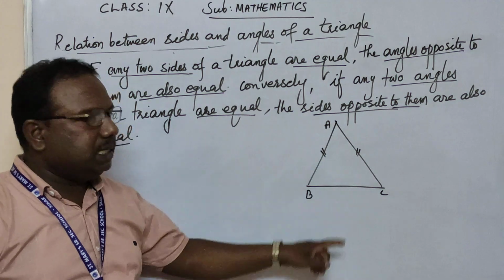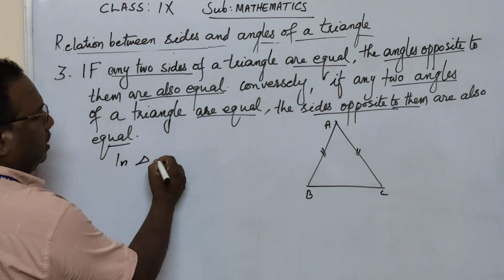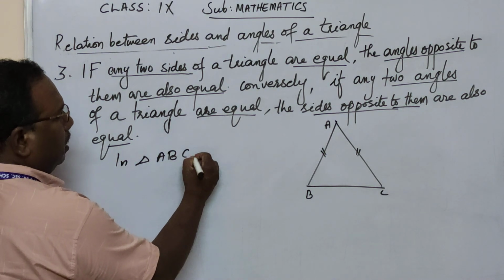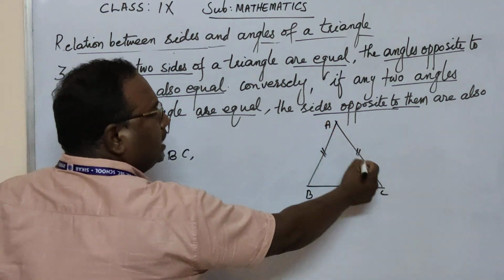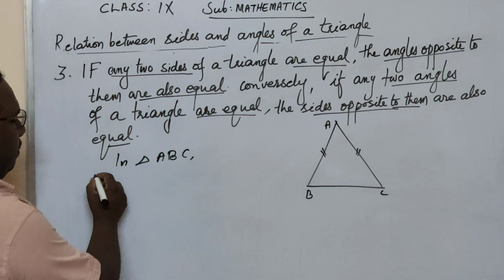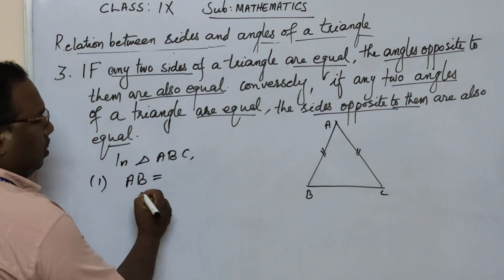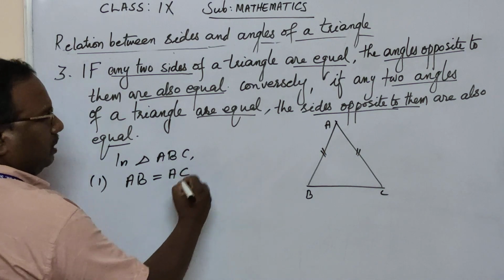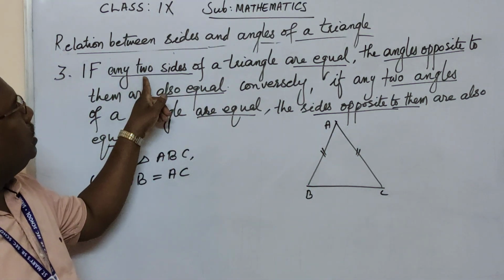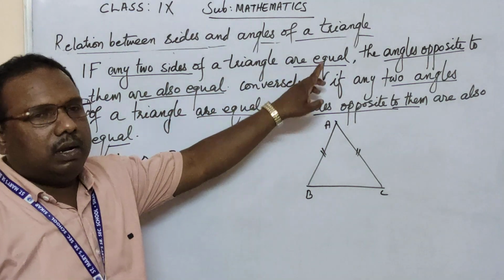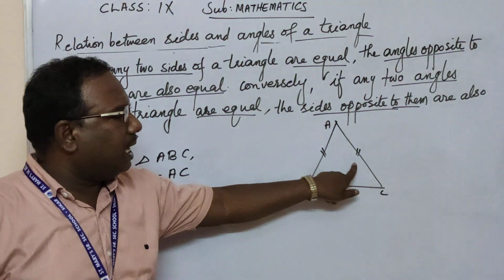In triangle ABC, you can see, sides AB and AC are equal. Point number 1: side AB is equal to AC. This is the meaning. Two sides are equal.